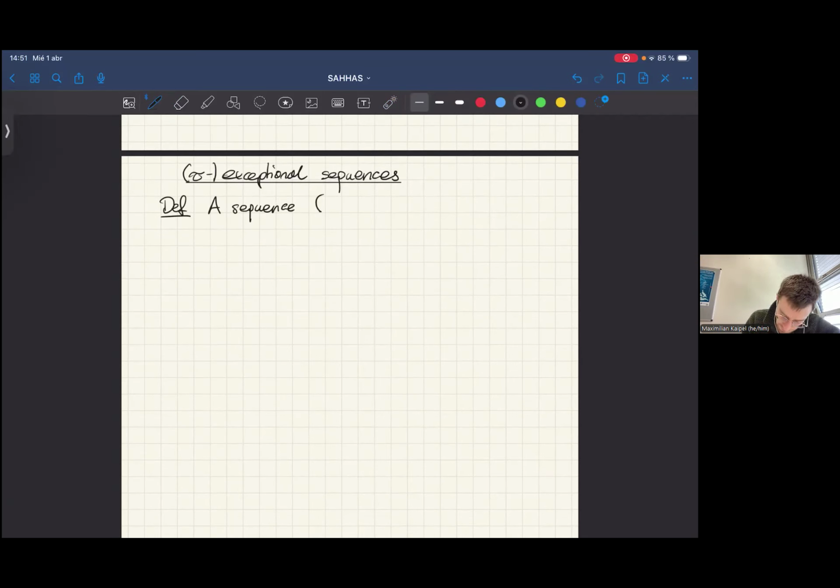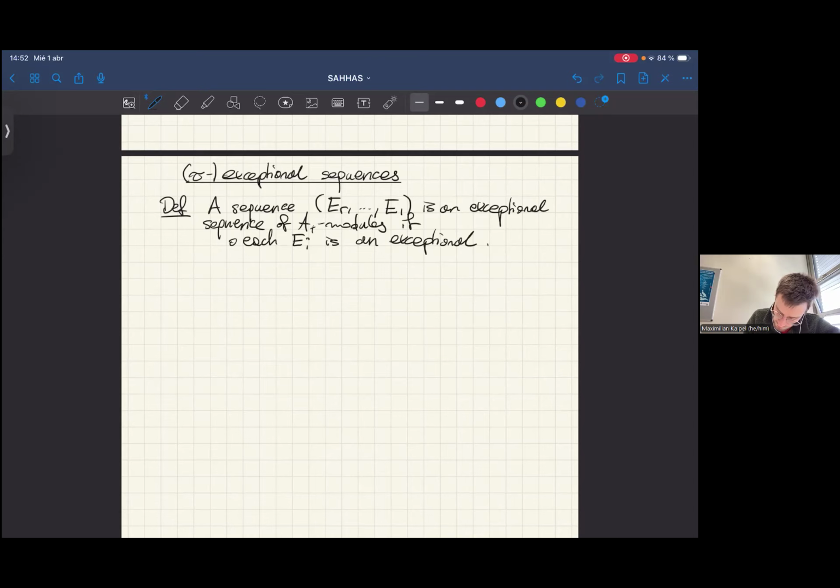So a sequence E_R to E_1 is an exceptional sequence, let's say of A-modules. This is quite important because exceptional sequences are generally objects in the derived category. If each E_i is an exceptional module.